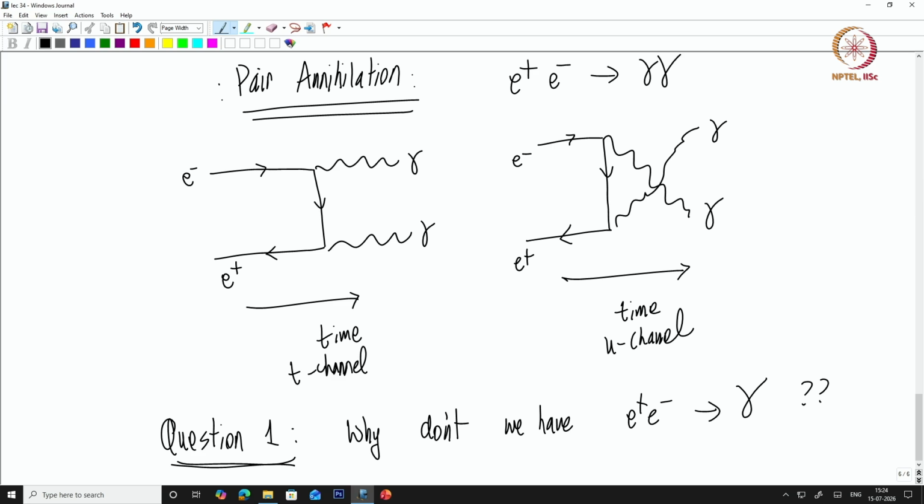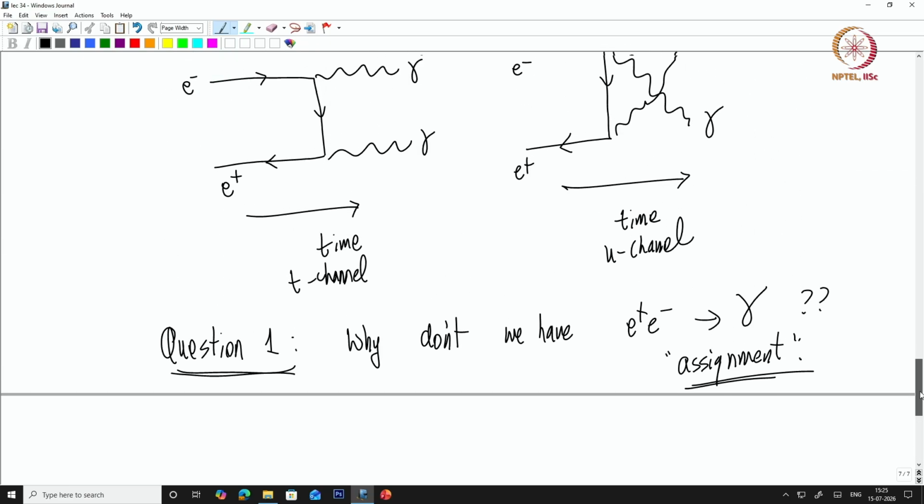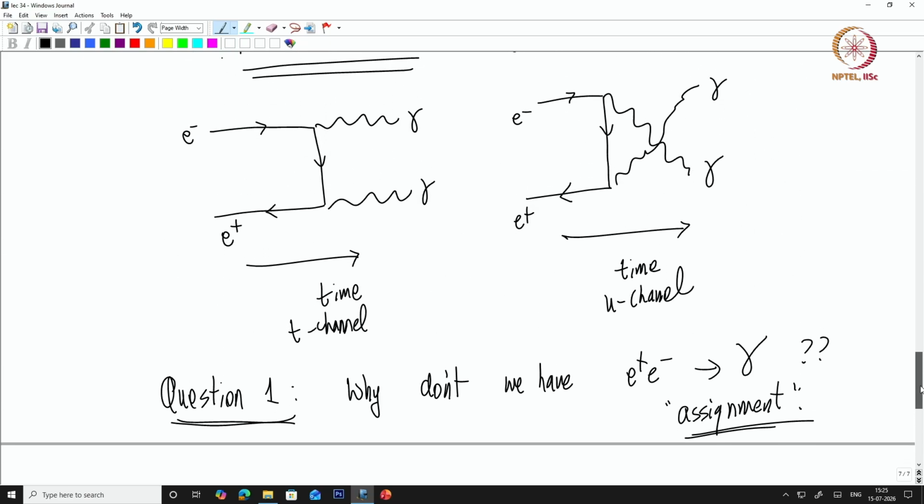Why do you need 2 photons for this process? This is also a problem in the assignment or a quiz. Don't ask during the tutorial sessions, try to figure it out yourself essentially.